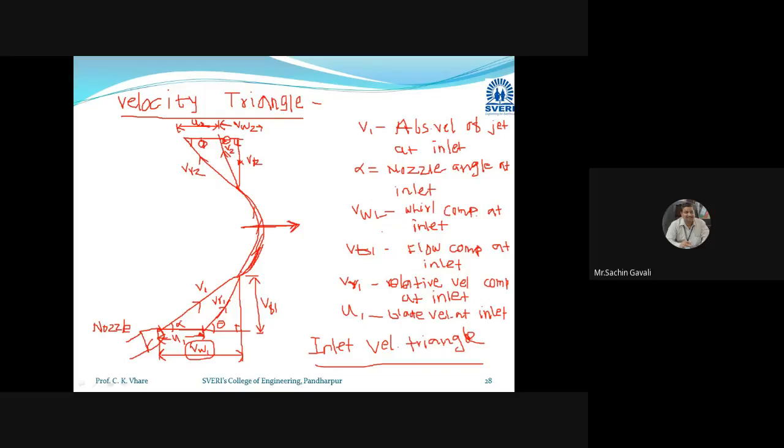This is again U2. This is the outlet velocity triangle. So all suffixes will be denoted by the letter 2: V2, VR2, U2, VW2.